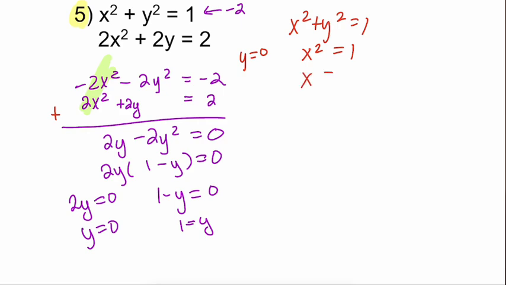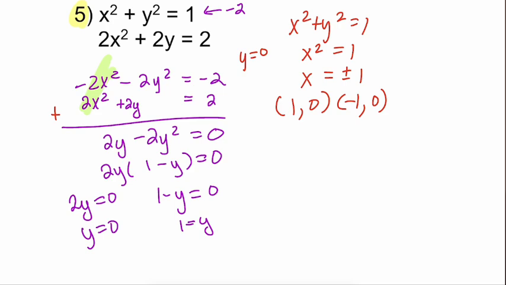So we get x equals plus or minus 1. The square root of 1 is 1. You've got to put that plus or minus in front. Don't forget that, or that's going to screw up your answer. So we technically have the point (1, 0). We also have (-1, 0). So that gives us that at a height of 0, we hit x in 2 places, +1 and -1.